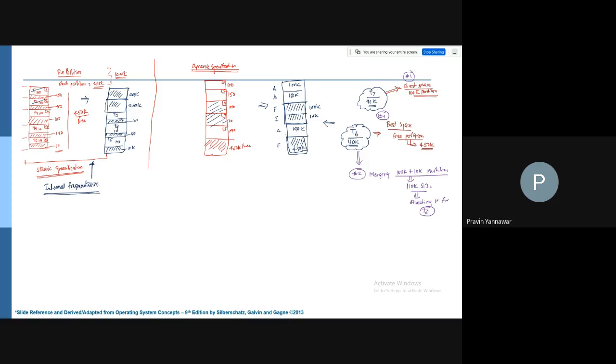Now for T7, if we merge these two partitions together, then for T7 you are going to have free space as the option. So for option two, T7 gets the free space.